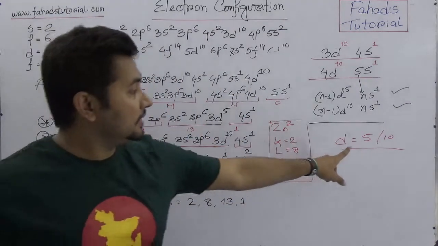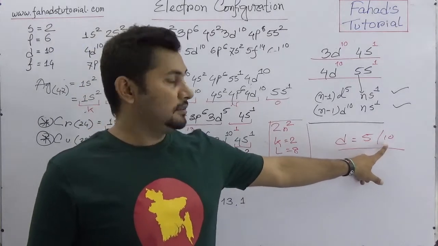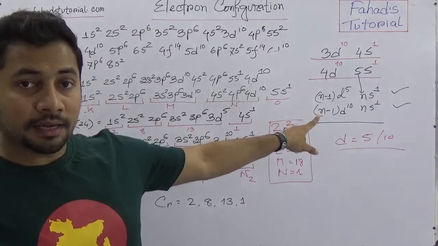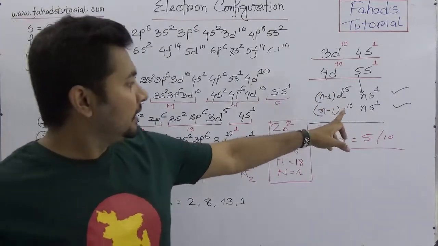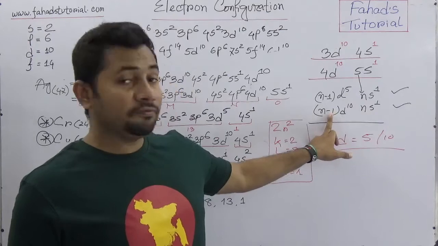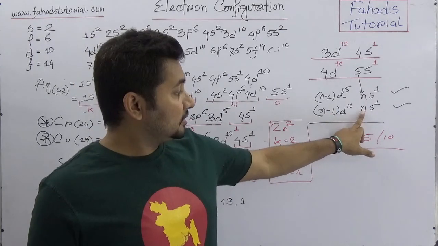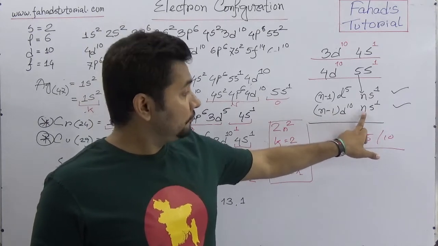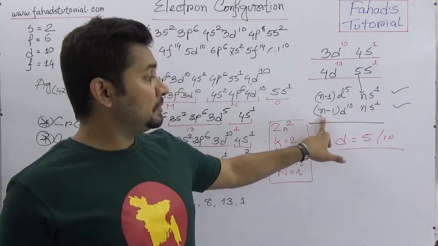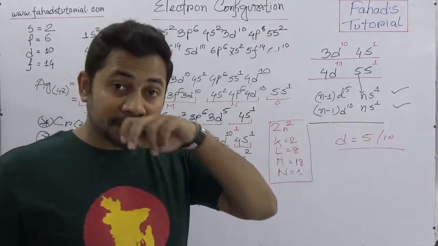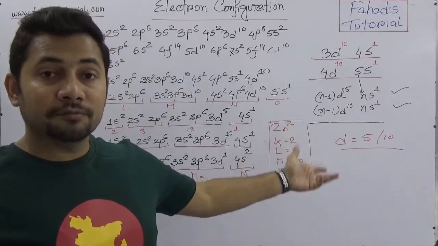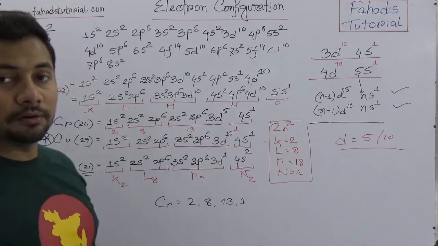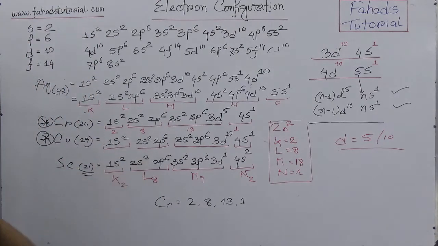I mean 5 in case of half filled and 10 is fully filled. So when we see ns1, that means, like if it is 6s1, it will be 5d10. If it is 5s1, it will be 4d10. In case of 4s1, it will be 3d10, because 2d is not possible. So 3d, 4d, 5d, these are the orbitals. So I hope you understand this one.